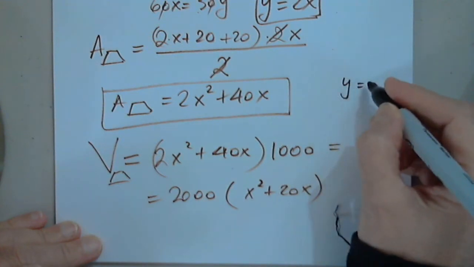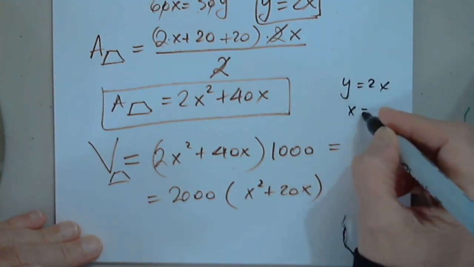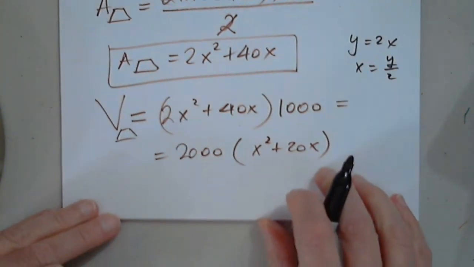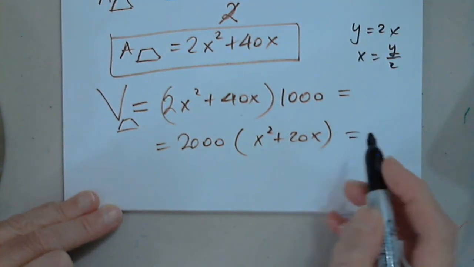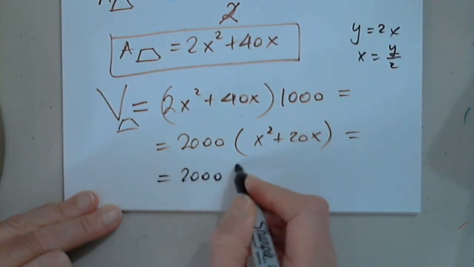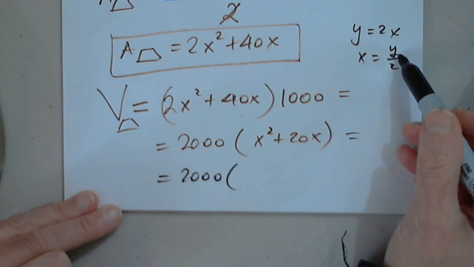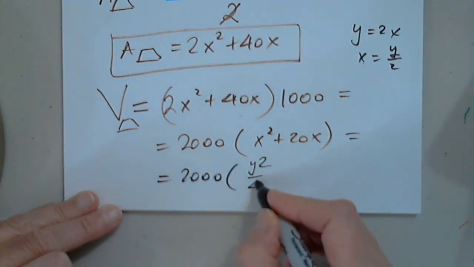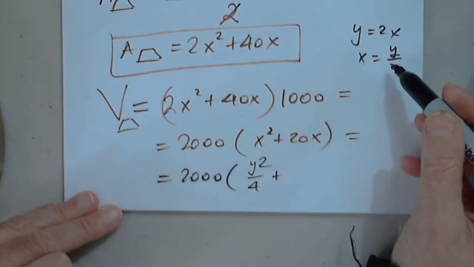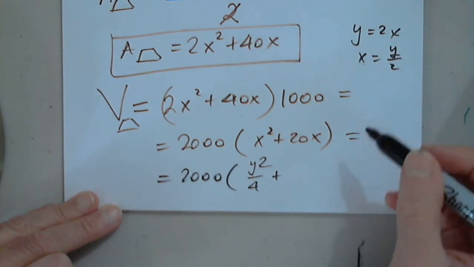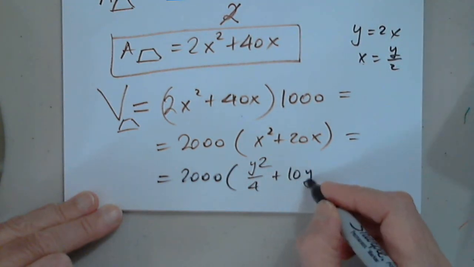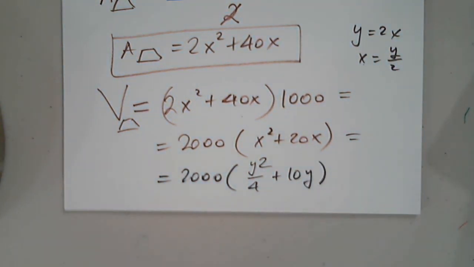So y equals 2x, so x equals y over 2. So I just have to put it back. So this is the same with 2,000, and x squared will be y squared over 4, and 20 times y over 2 is 10y. I need it in terms of y, not in terms of x.